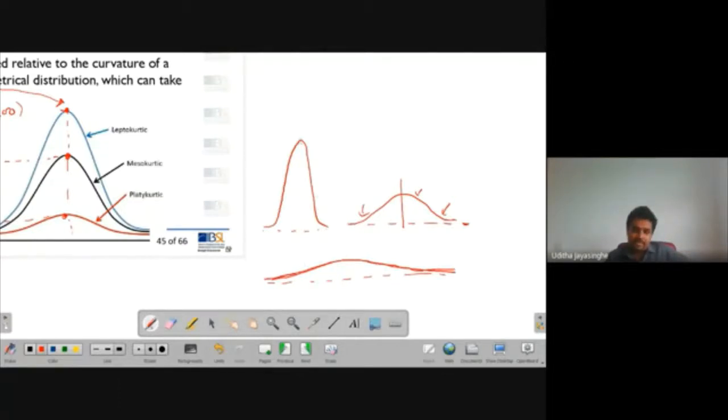But in a leptokurtic instance like this, you can define a very small bandwidth and demarcate that your greatest probability for the next value is between A and B. That range is extremely narrow, so you can make a very fine call.